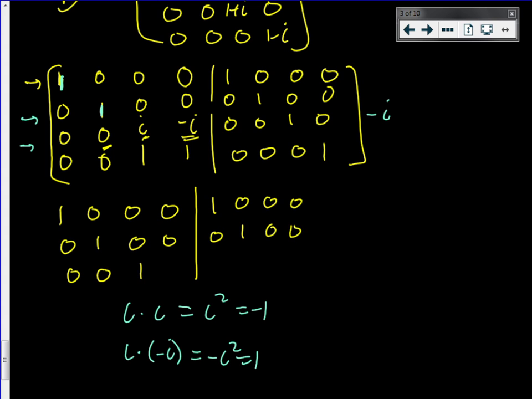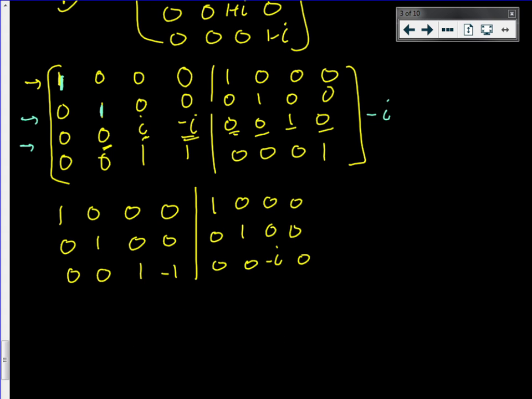Negative I times negative I is I squared, which is negative 1. 0 times negative I is 0. 1 times negative I is negative I, and 0 times negative I is 0. And the fourth row, we're not touching: 0, 0, 1, 1, 0, 0, 0, 1.